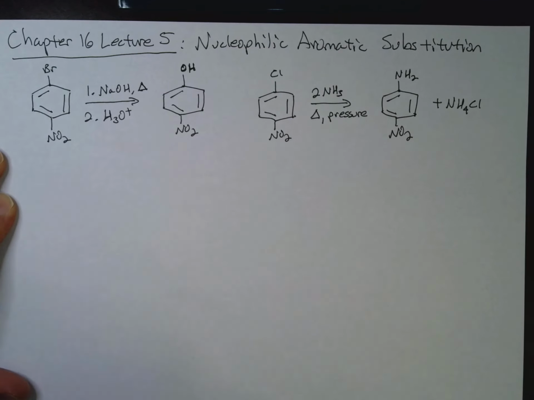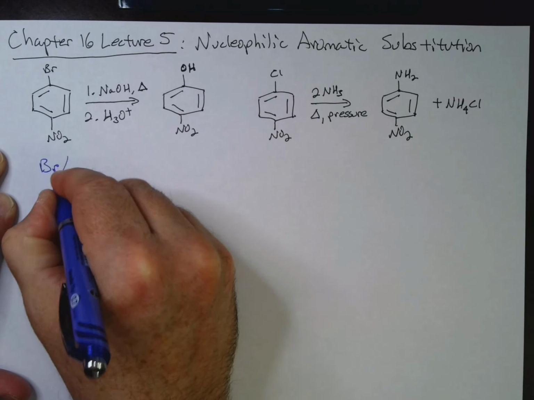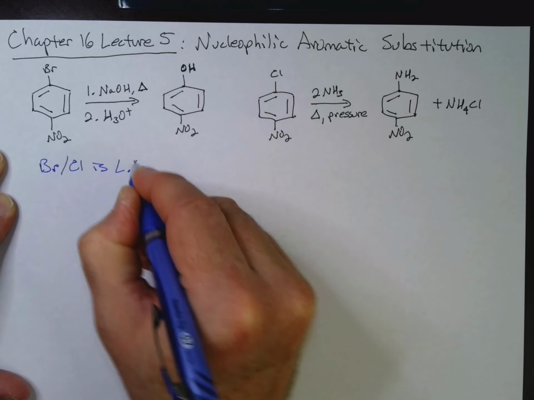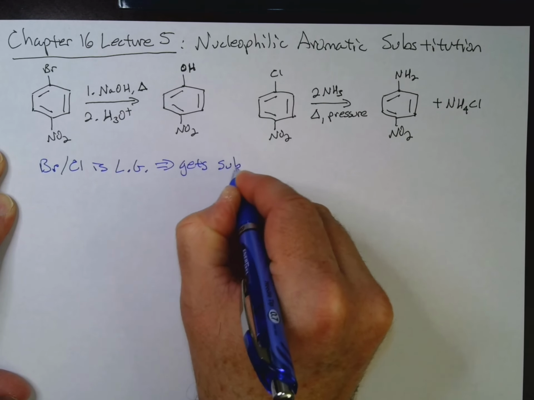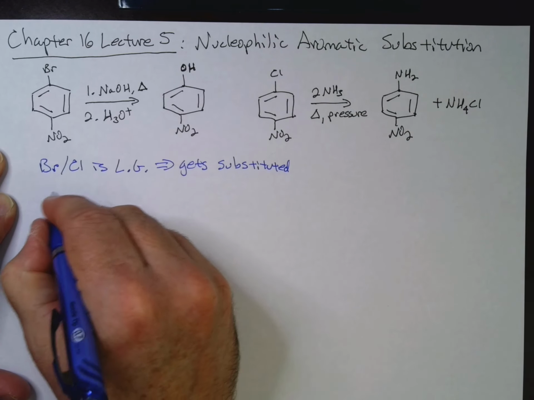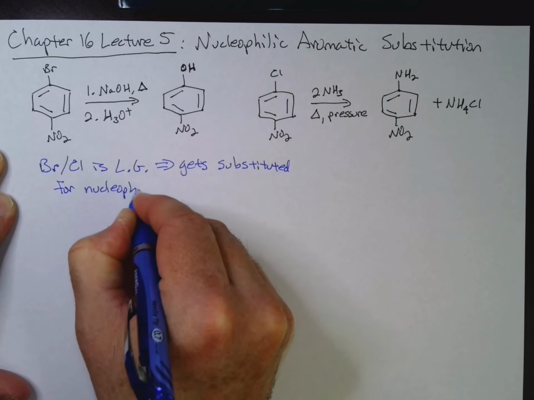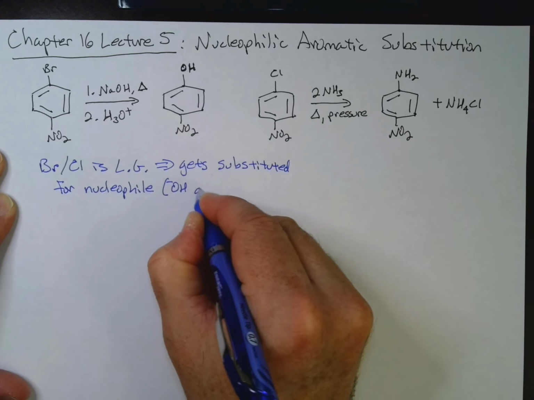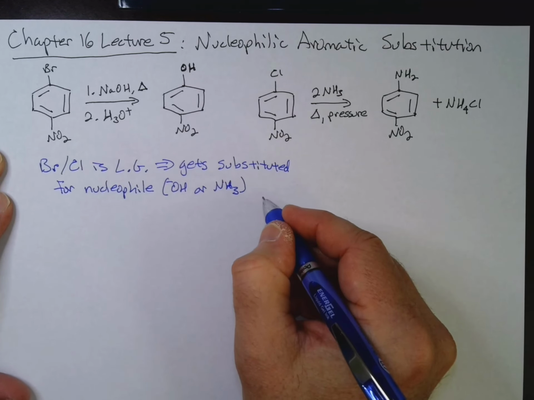So some things to note here. The bromine or Cl is our leaving group, and that gets substituted for a nucleophile, OH minus or NH3 in these two cases.